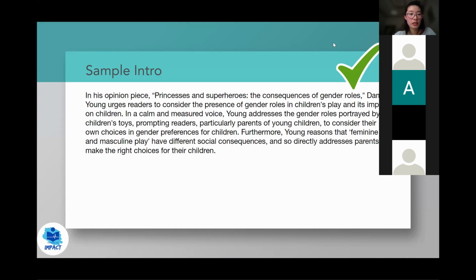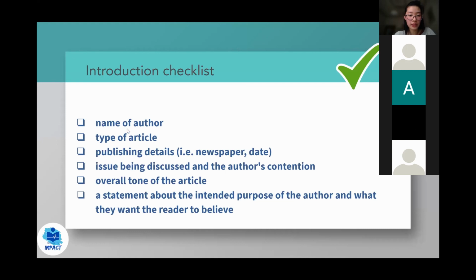The key things in the intro would be related to ticking these boxes. So we're talking about contention and the issue being discussed. If it's a complex or really detailed contention, then you would talk about the 3 main arguments, or it would in some way summarize the main arguments.